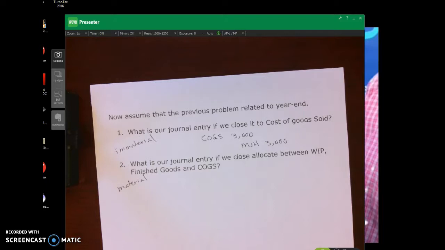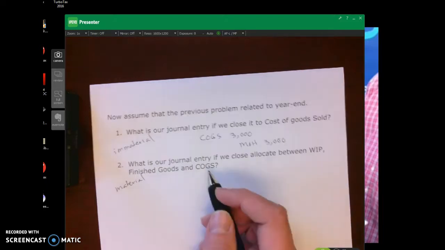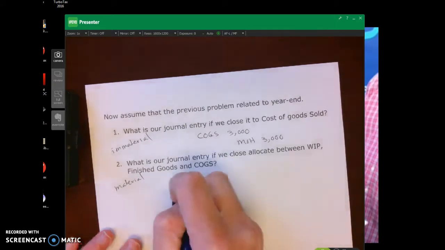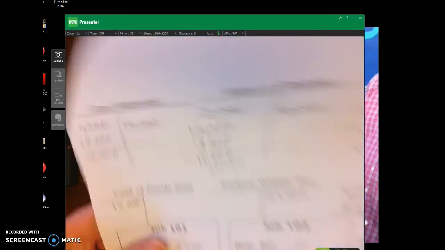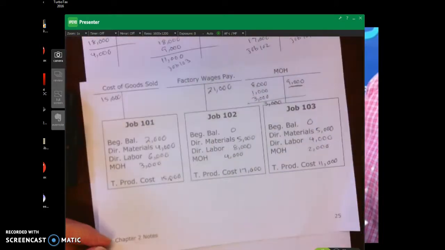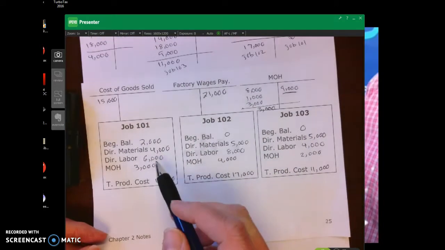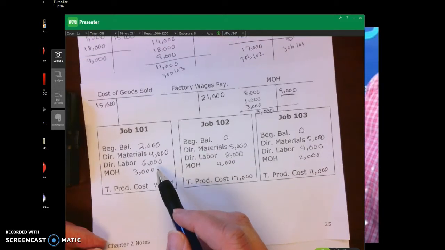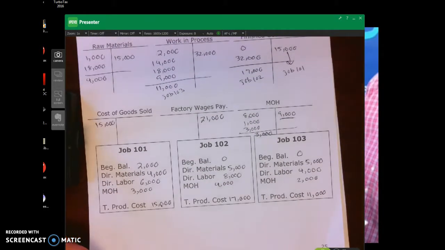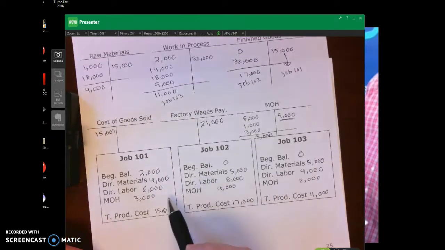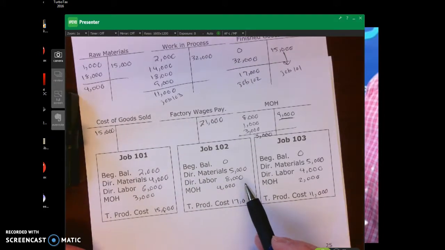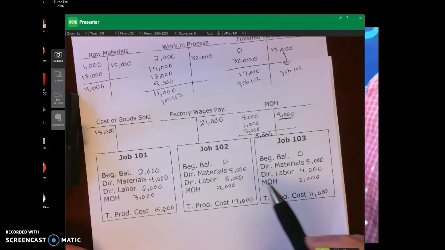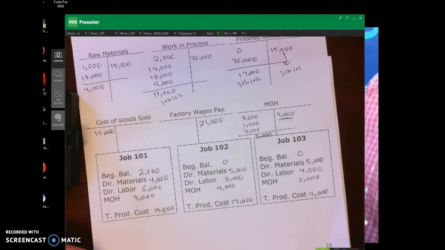So let's look at the second journal entry, to prorate or allocate it. We're going to look back at the job cost sheet on page 25 and see how much overhead was applied to jobs that are still in work in process, how much was applied to jobs in cost of goods sold, and how much was applied to jobs in finished goods.